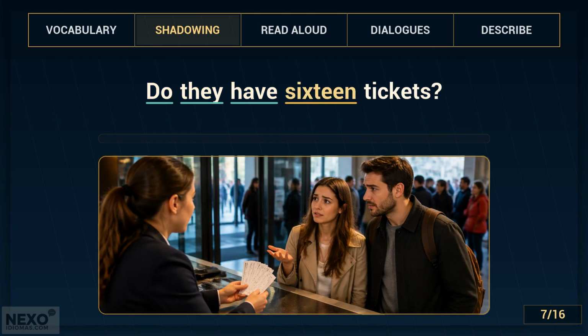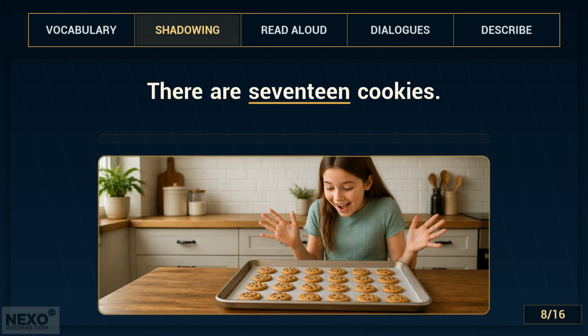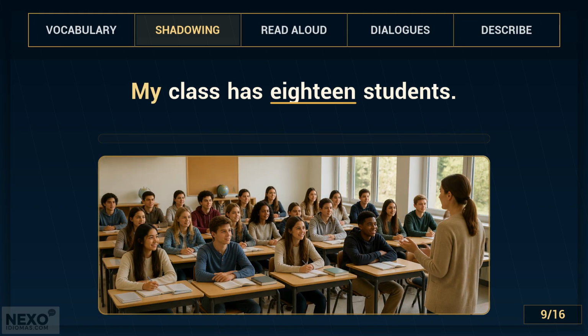Do they have 16 tickets? There are 17 cookies. My class has 18 students.